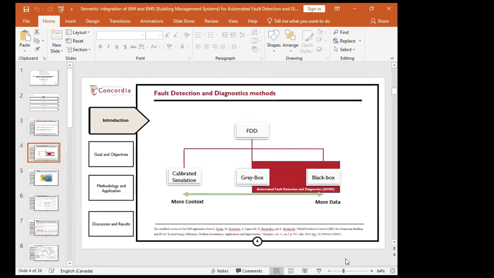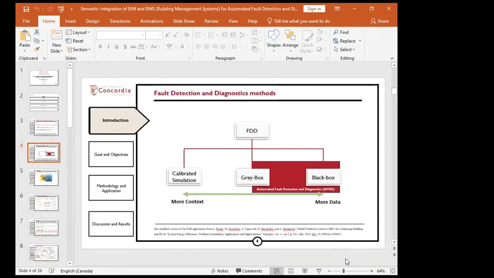From my point of view, based on my experience, I might not have an exact answer to that, but what I'm defining as context is the supplementary metadata pertaining to the AFDD that I'm looking at.